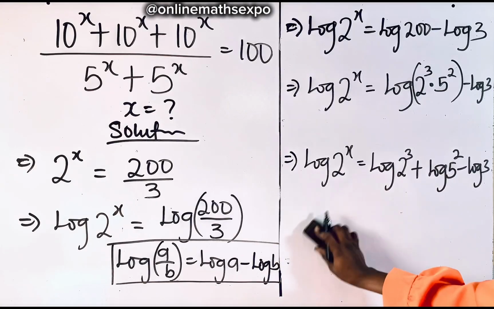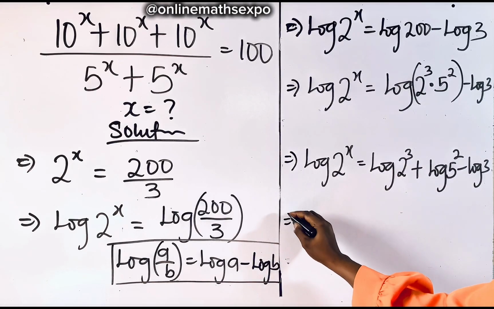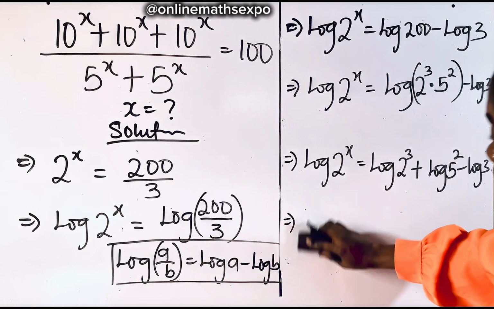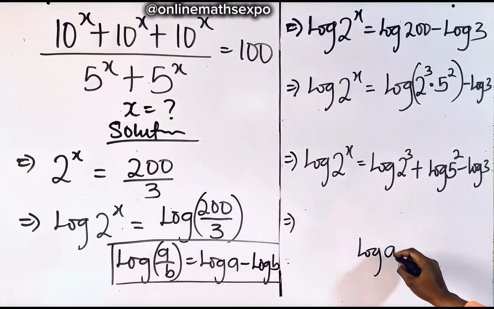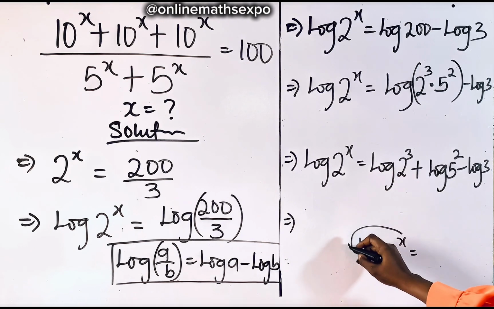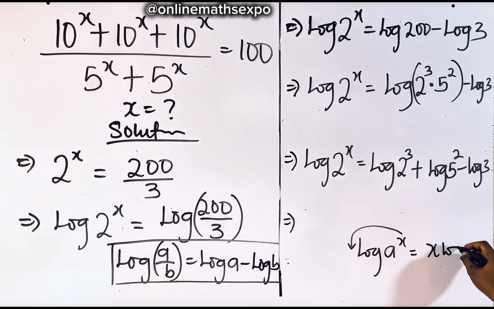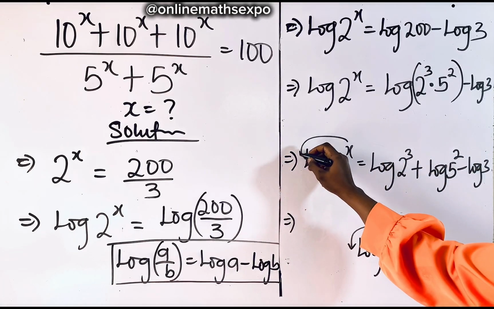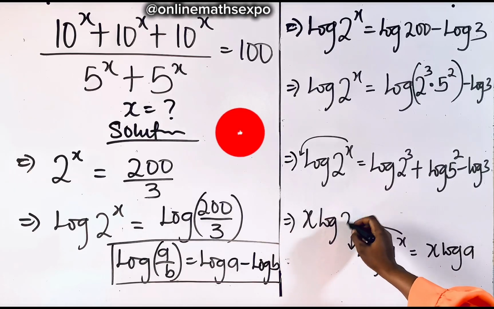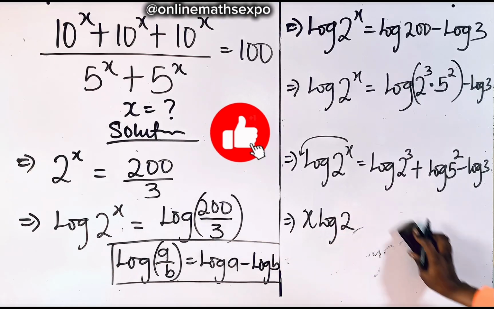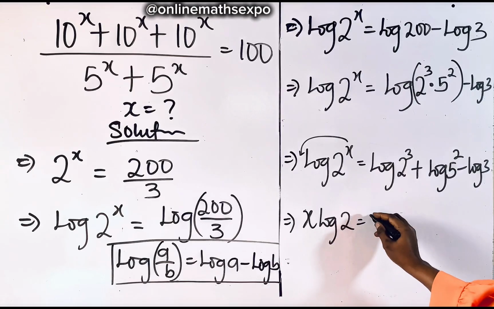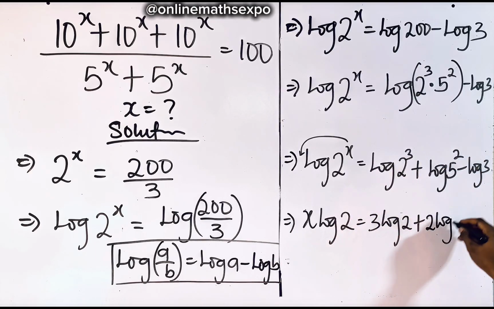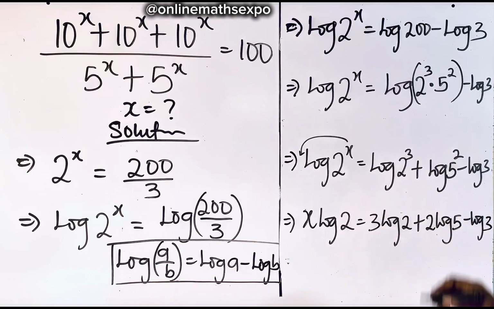Now for every log of a to the power of x, the power multiplies the log, so it gives you x log a. Applying it, we have x log 2 on the left, and on the right-hand side 3 log 2 plus 2 log 5 minus log 3.